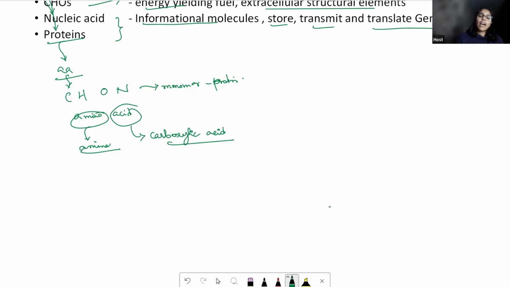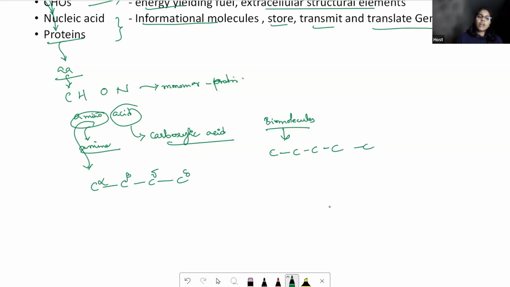As I already told, a biomolecule is an organic compound, so these biomolecules contain a carbon skeleton. Like that, the amino acid is also made up of a carbon skeleton. We can name the carbons alpha, beta, gamma, and delta.